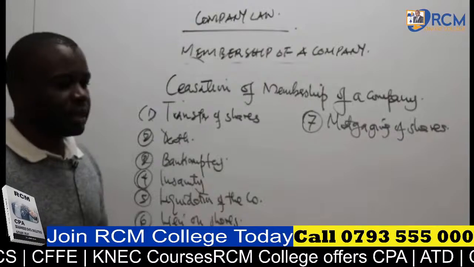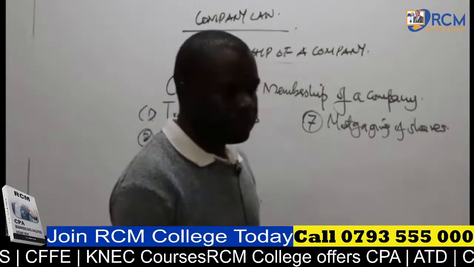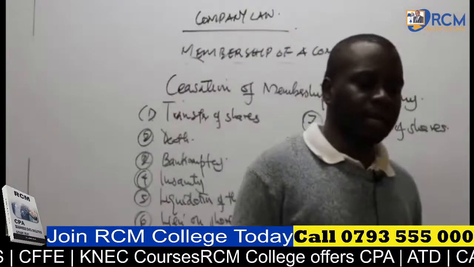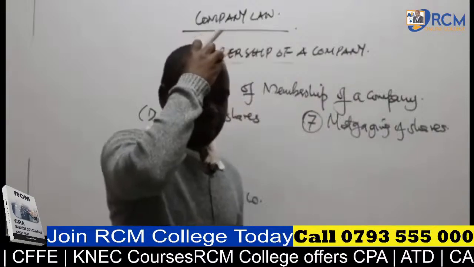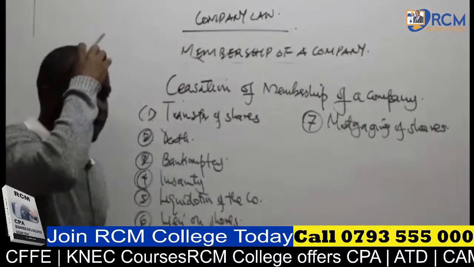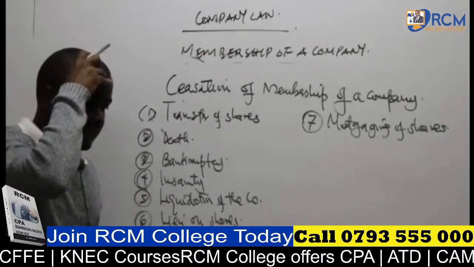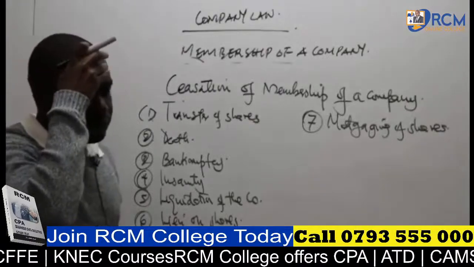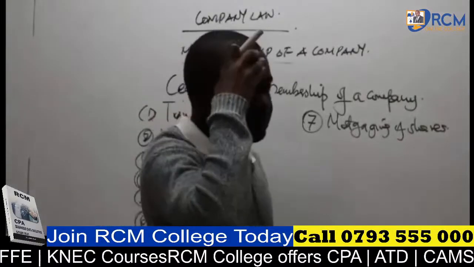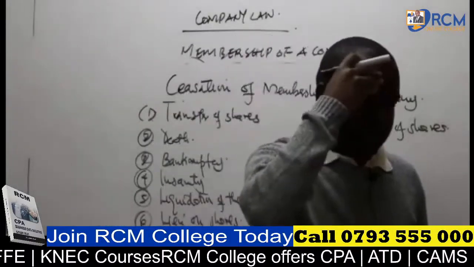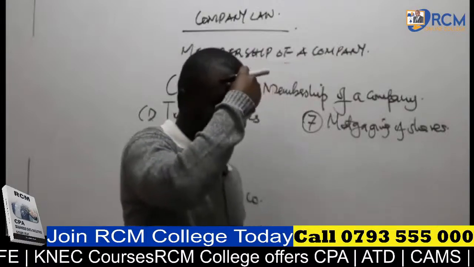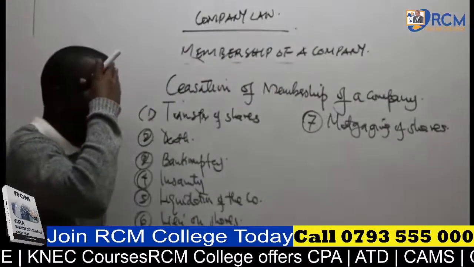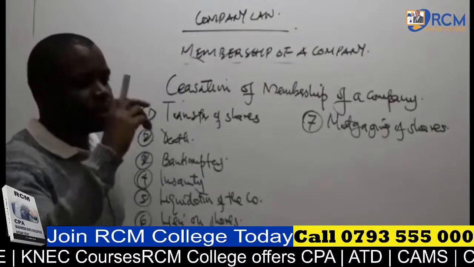Lien on shares. In this case, we can use an example. What do you mean by lien on shares? It is where a company withholds the shares of a shareholder who is also a creditor to the company. If they have that particular right under the articles, then they can withhold the shares.